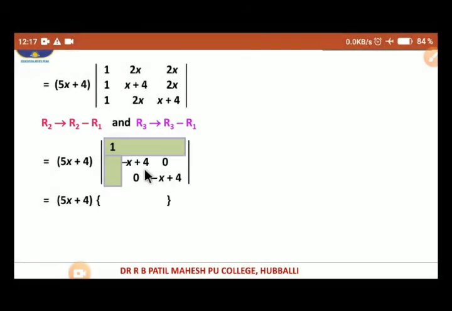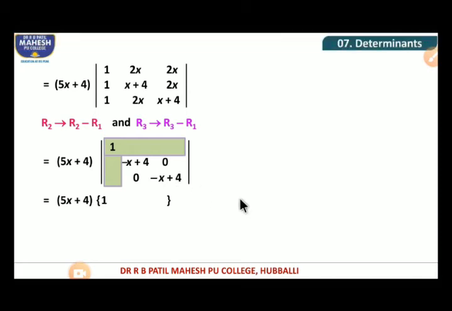First multiply here: minus x plus 4 into minus x plus 4 becomes 4 minus x into 4 minus x, and the remaining two terms in the first column are zeros, so it is not necessary to take those two terms. So the answer is 5x plus 4 into 4 minus x into 4 minus x, which becomes 4 minus x whole square. So this is equal to the RHS of the given question. Hence it is proved.